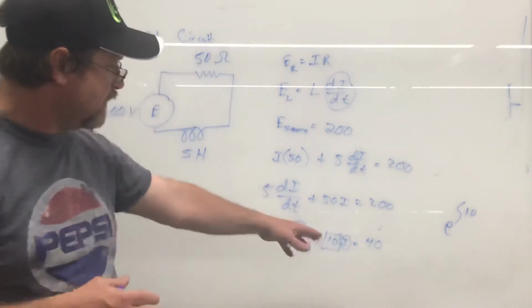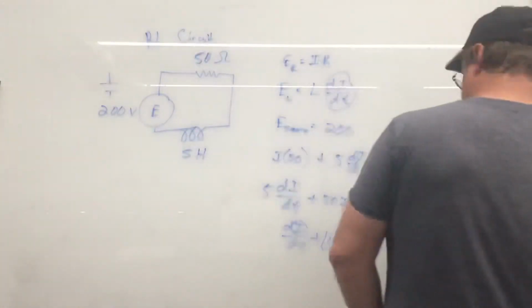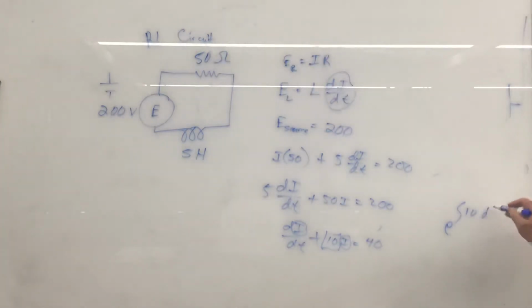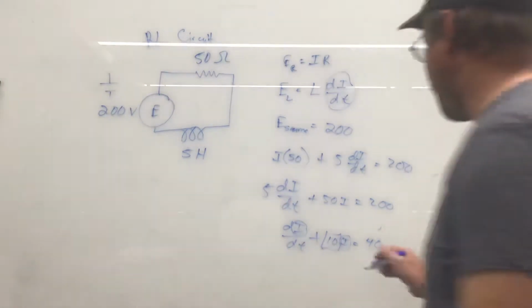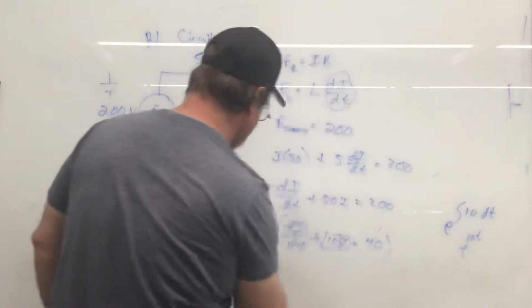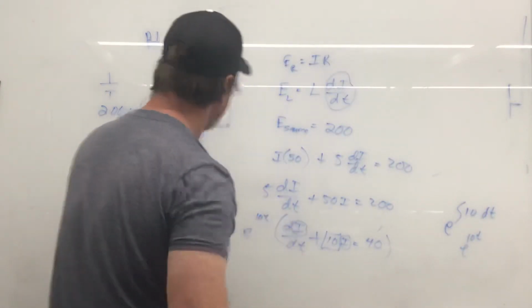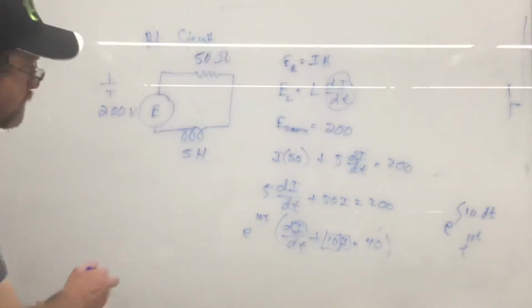It could have been, but in this case, it's just 10. So we do the integral of 10 dt. That integrates to e to the 10t. This is my integrating factor. Multiply times e to the 10t.